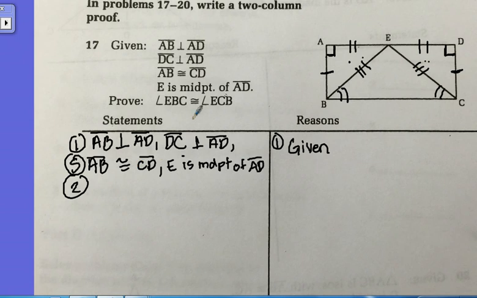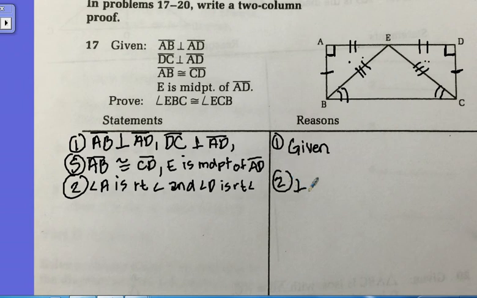Now, the next thing we're going to talk about is coming off of our first givens, that we've got right angles. So we're going to say angle A is a right angle, and angle D is a right angle. Perpendicular segs form right angles.